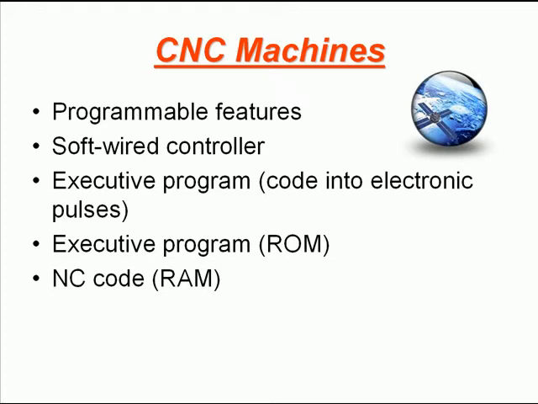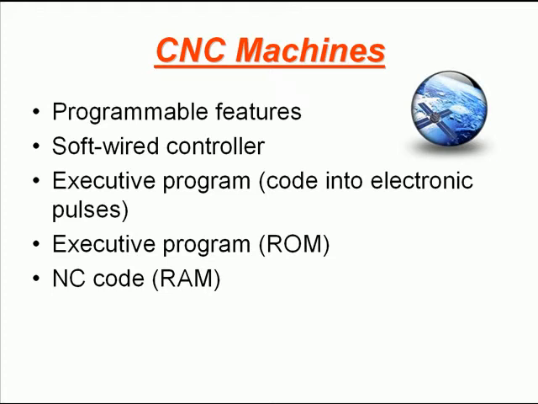The software will go to the executive program, which creates code into electronic pulses, and those electronic pulses trigger the electronics and the mechanical mechanisms within the machine on how to actually move.